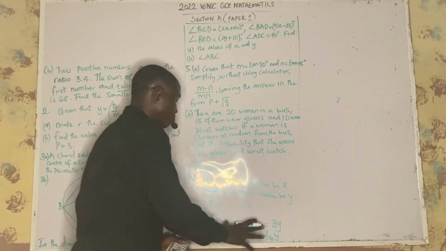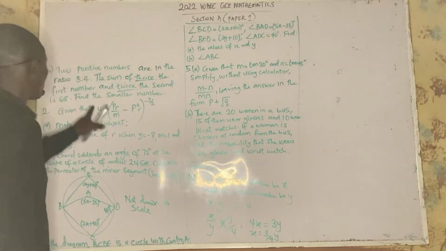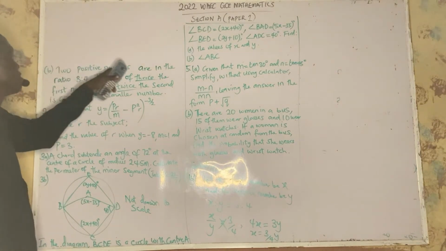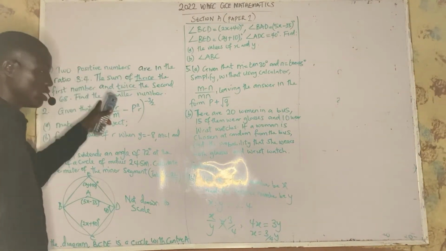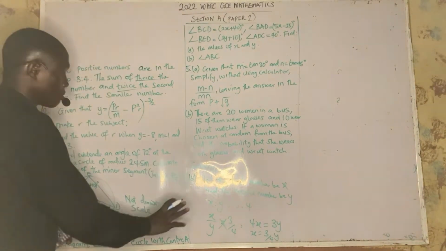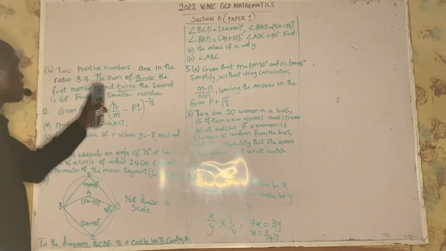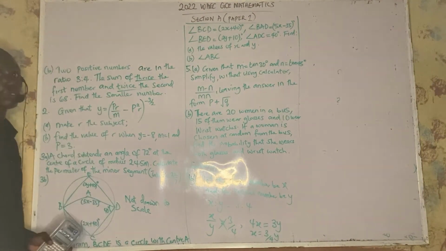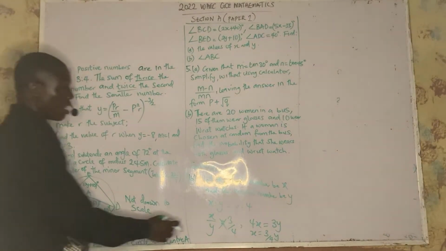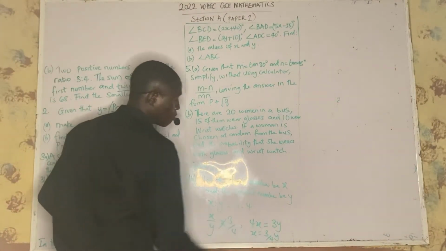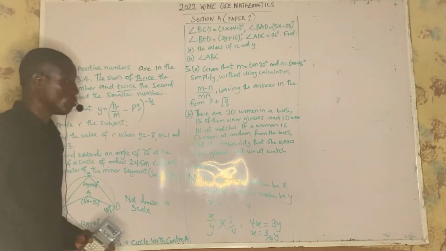So that's the first expression that you can derive from the first statement, that two positive numbers are in ratio 3:4. This is going to lead us to simultaneous equations, so that's why I express x in terms of y, which is x equal to 3/4y.